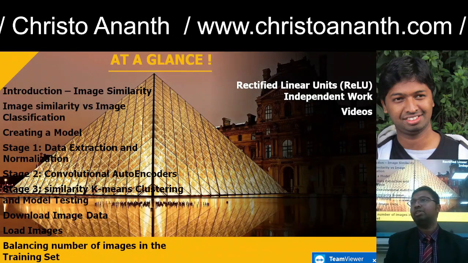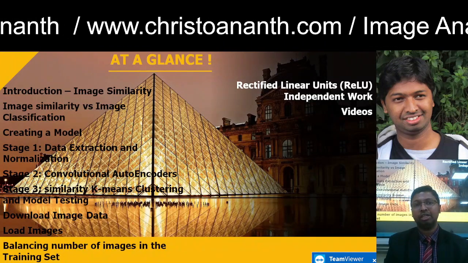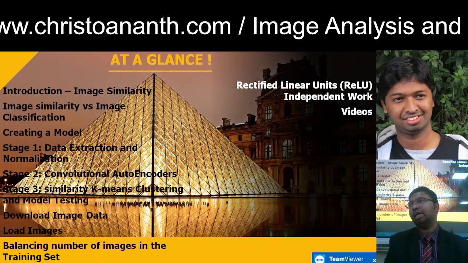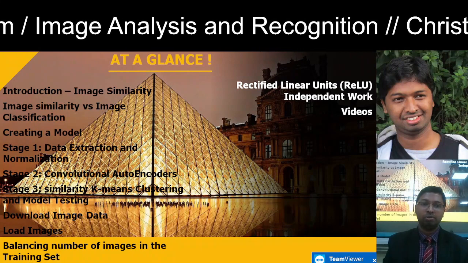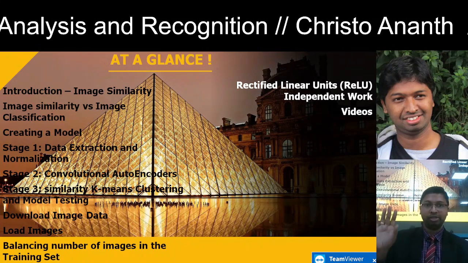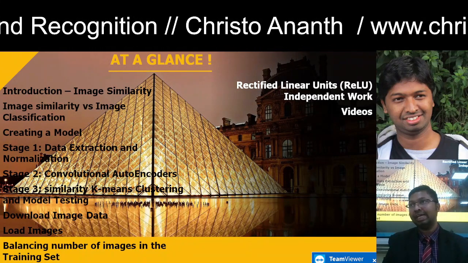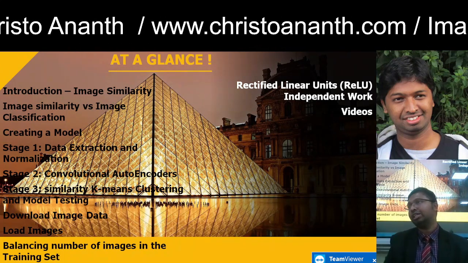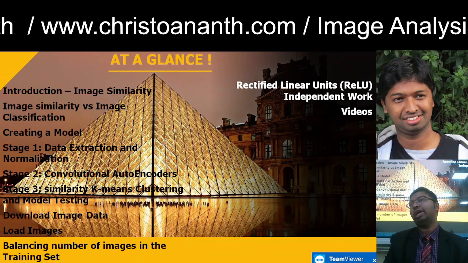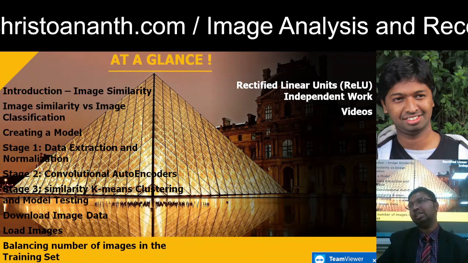In this class, we'll have a short introduction to image similarity. We compare image similarity and image classification, and how you try to create a model. We have three stages. Stage 1 is data extraction and then normalization. Stage 2 is the convolutional autoencoder, CAE.